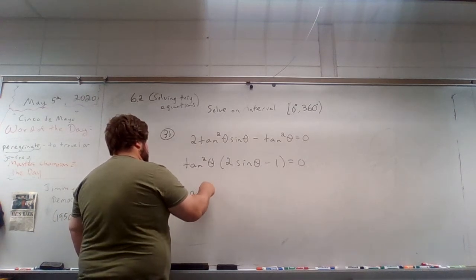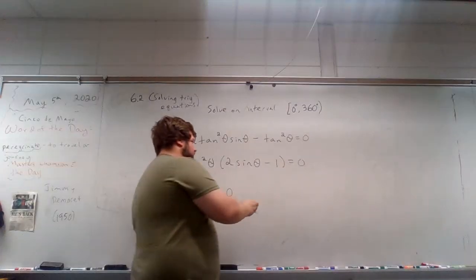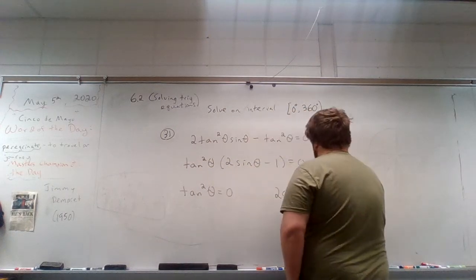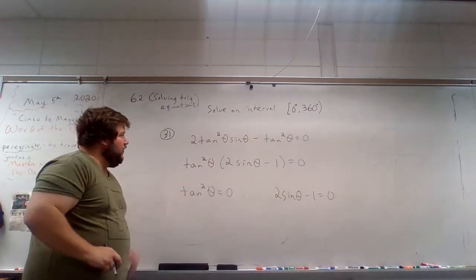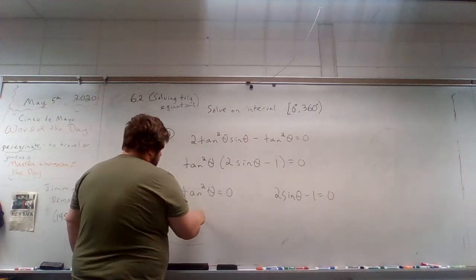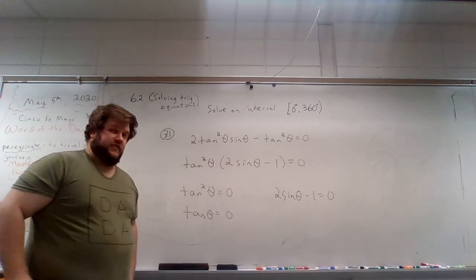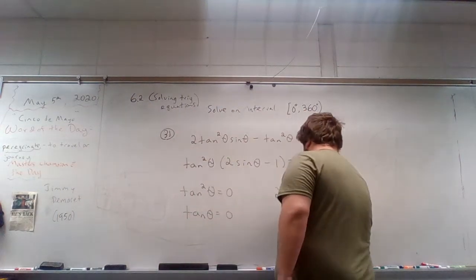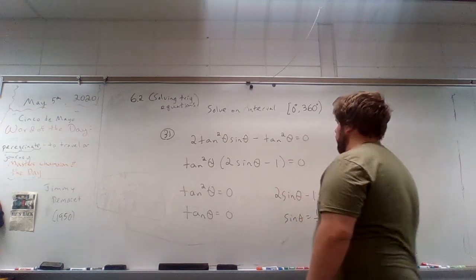Tangent squared theta could be 0, or 2 sine theta minus 1 could be 0. And if I solve this equation, I would take the square root. So here, there's no plus or minus 0. It's just tan theta equals 0. And here, sine theta is 1/2. Okay.